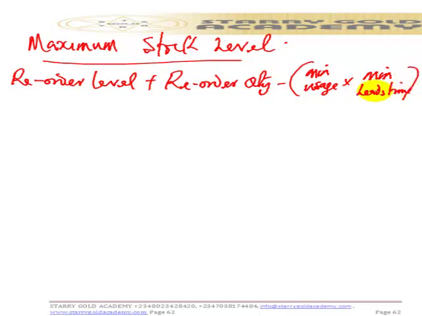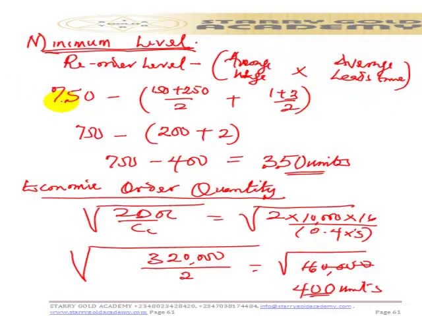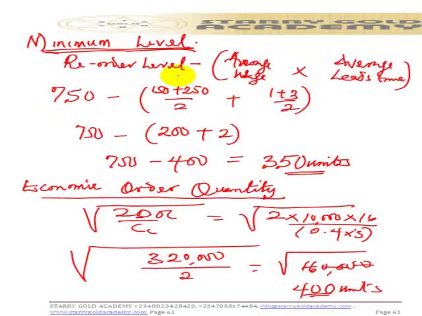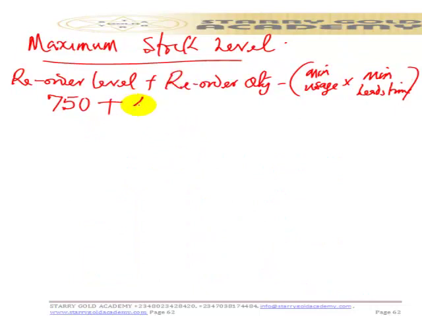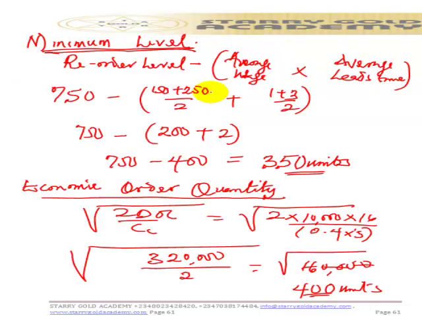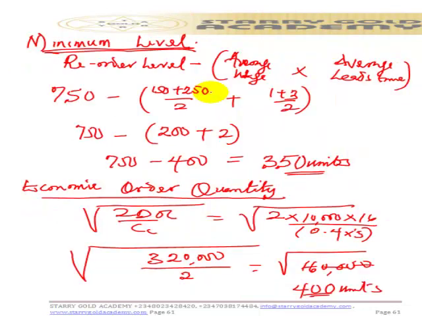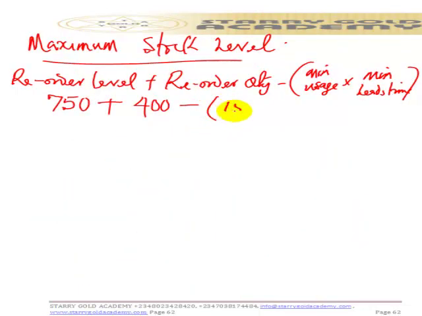So what we have now is our reorder level is 750, plus the reorder quantity of 400, minus minimum usage from the question, 150, and the minimum lead time is 1 week.